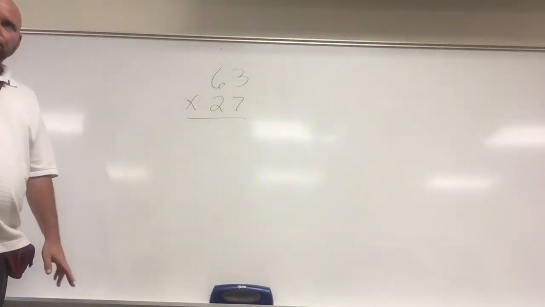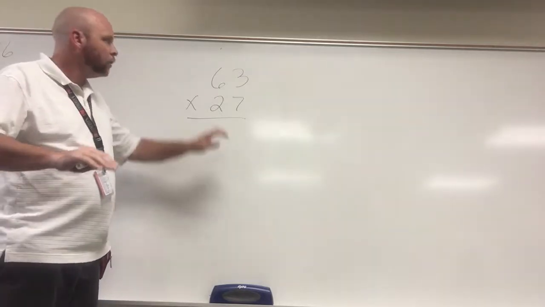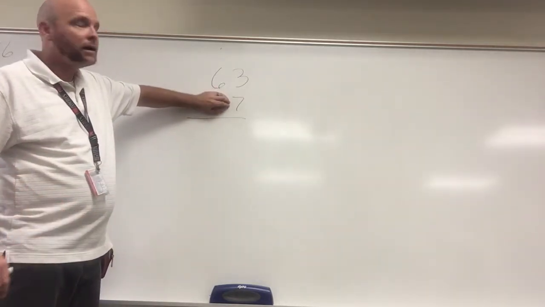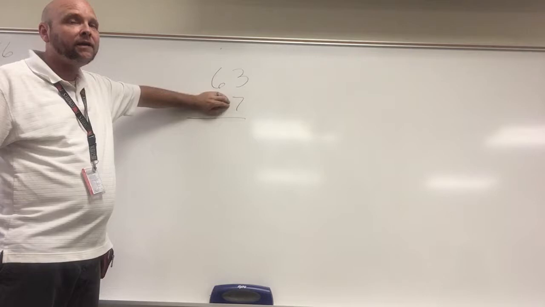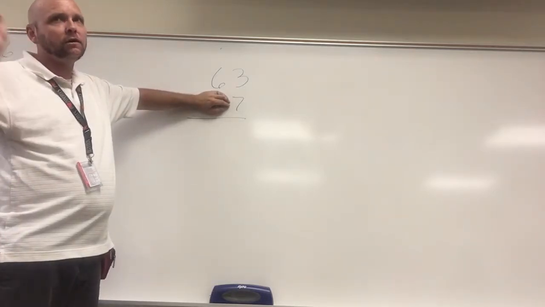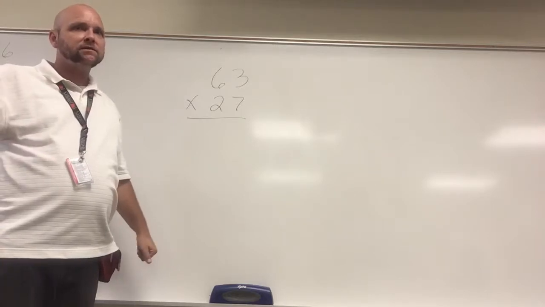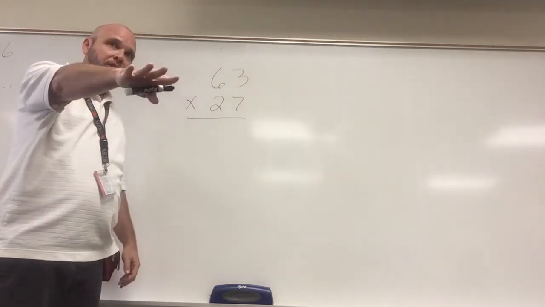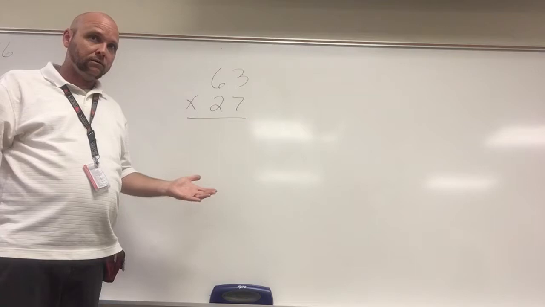You with me? All right. We're doing the same thing. I'm multiplying one number at a time. So as long as you memorize your 0 through 9s, or you use your multiplication chart, then you're golden.